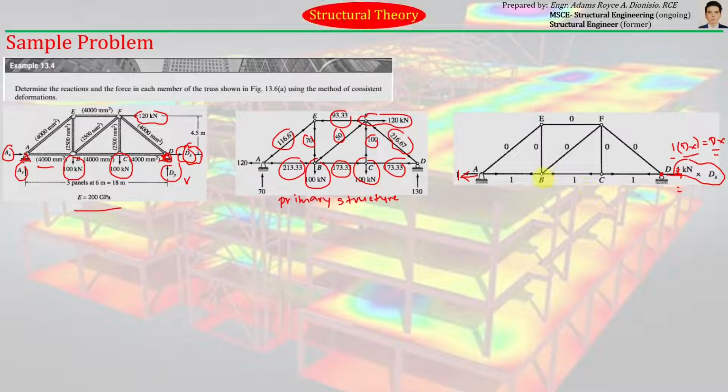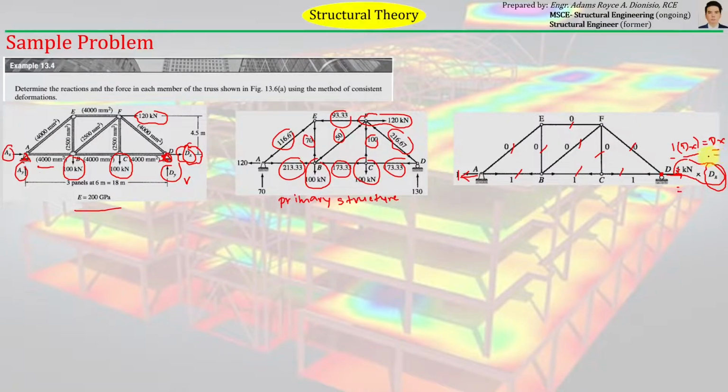You can also compute the corresponding axial forces on each of these members using either the method of sections, the method of joints, or a combination of the two. Again, remember that all of the values you are seeing here are in terms of Dx. We expressed Dx as a product of a unity and a variable Dx so that we can do numerical computations.